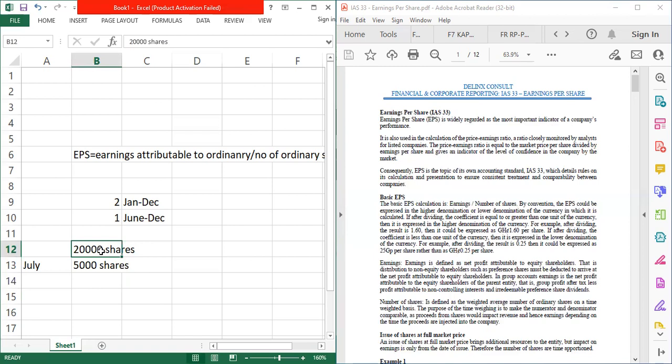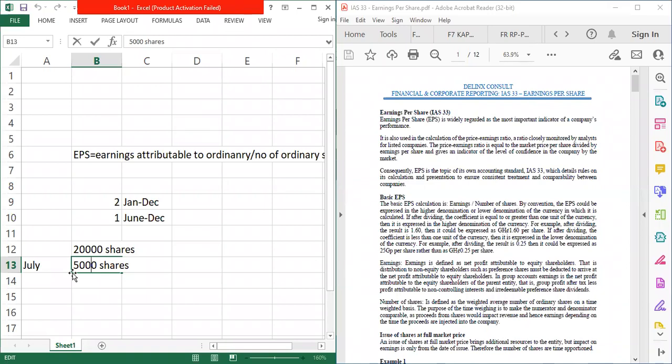If we are sharing the earnings per share now, the people that have the 20,000 will receive a full year's earnings per share, but the people who came in July will receive only what? 6 months, isn't it? Yes.